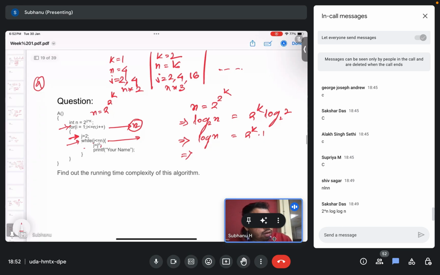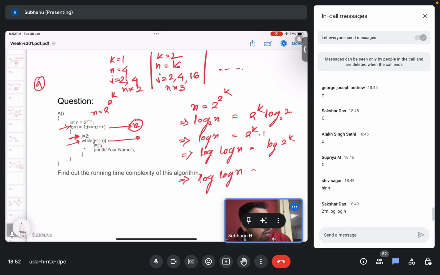As there is 2 to the power k, we will apply log again, so log n will be log 2 to the power k, so log n is equal to k. So what will be the value of k? The value of k will be order of log n.